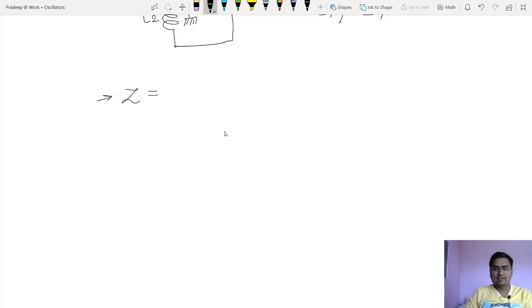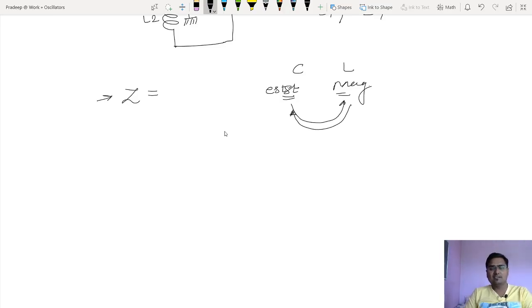A capacitor has electrostatic energy and the inductor has magnetic energy. The electrostatic energy gets converted into magnetic energy, and that magnetic energy gets converted back into electrostatic energy. Like this, the capacitor and inductors transfer energy to and from each other. So that's why it is an exchange of energy.